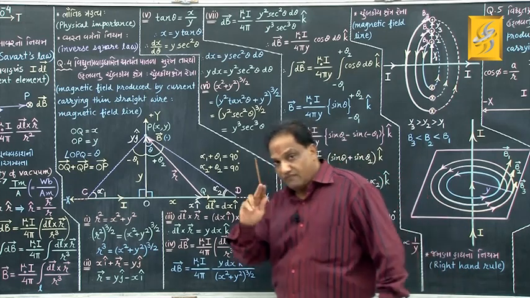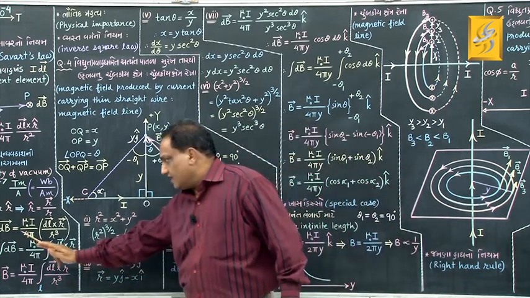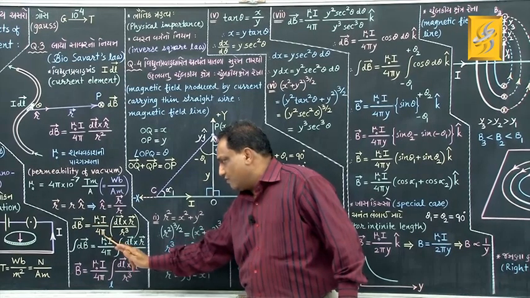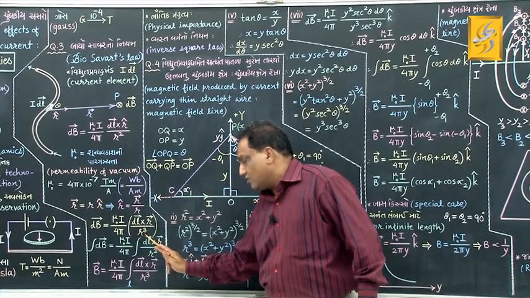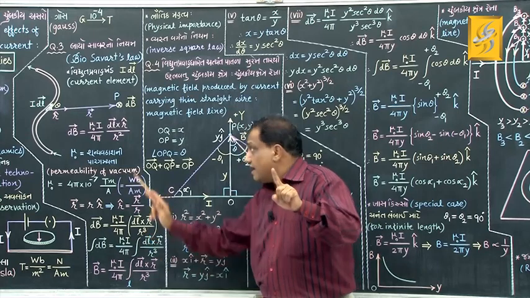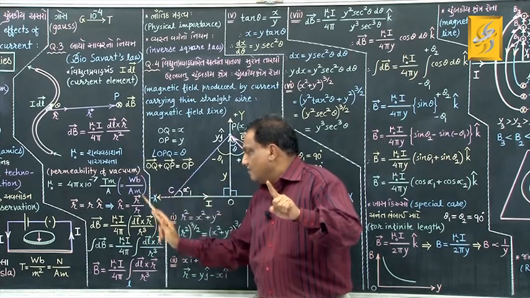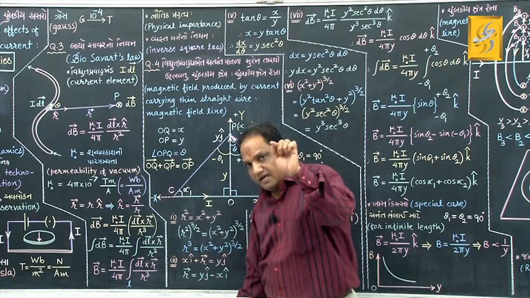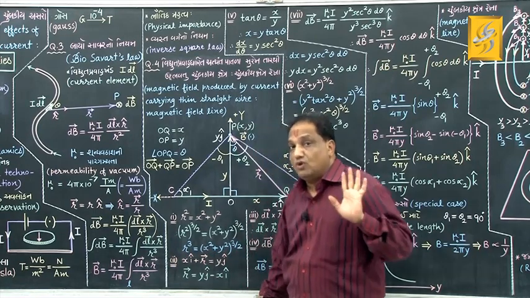Earlier we had seen the same formula. Remember: hat, then square, vector then cube.